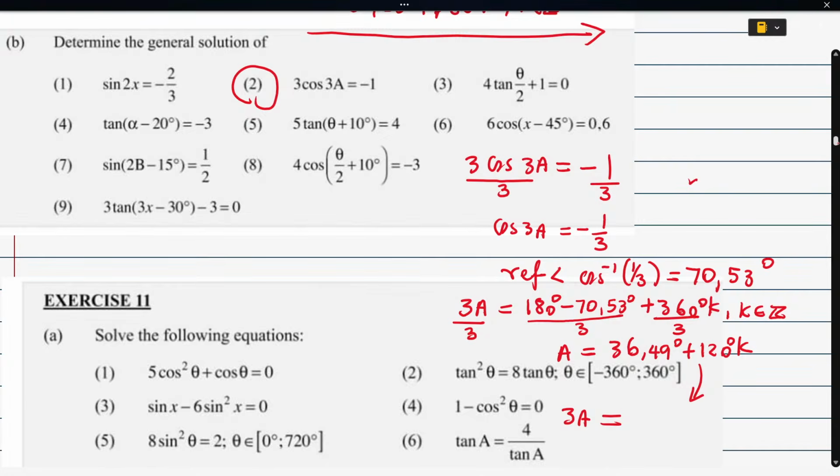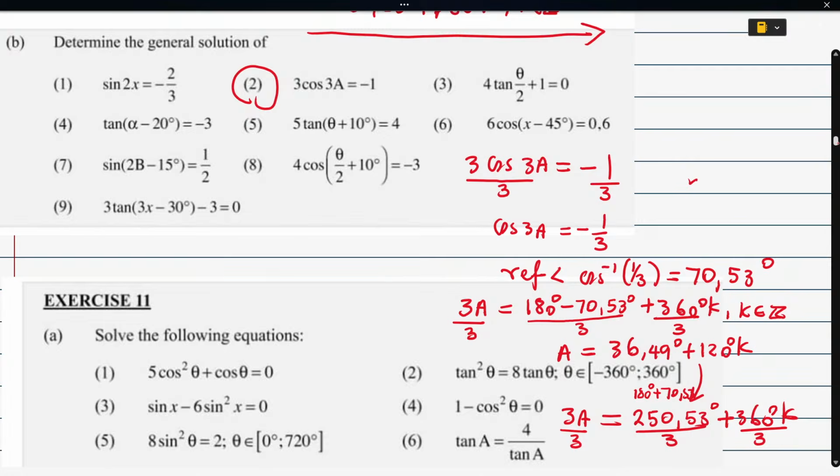So what are you going to get? It will be 250,53 degrees plus 360 K. Therefore, you divide by 3. That 250 is 180 plus the reference angle, learners, don't be confused.